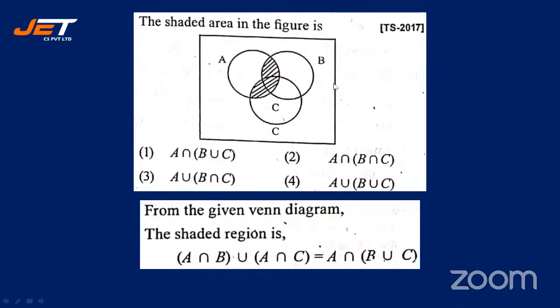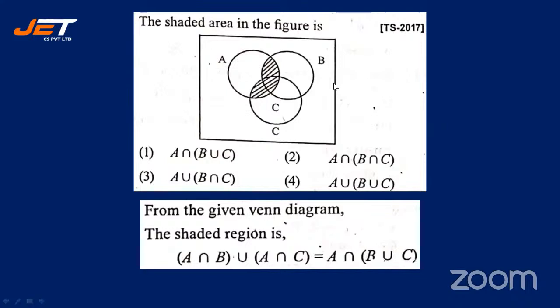In today's session, we'll see the set theory. In that, we are seeing the Venn diagram. The first one: the shaded figure in the area is, right? You can see A, B, C. You are able to find the shaded figure between A and B, that is A intersection B, and the shaded figure between A and C, A intersection C. And it is being combined, which means it is A intersection B, A intersection C, and their union.